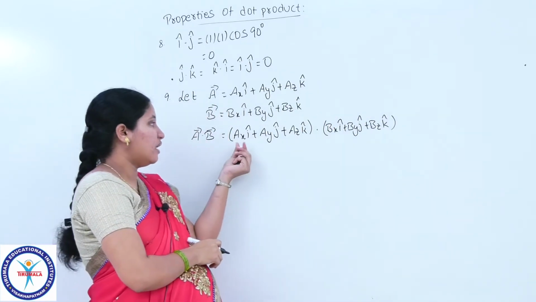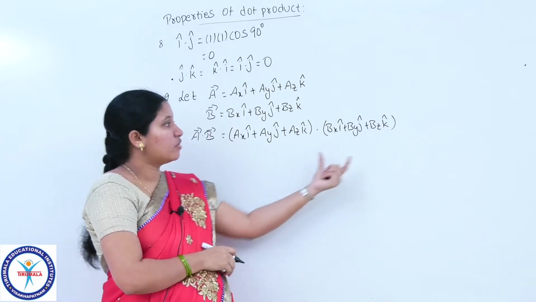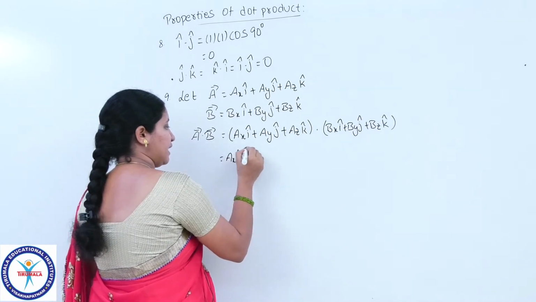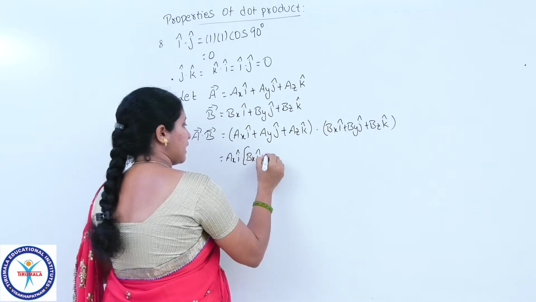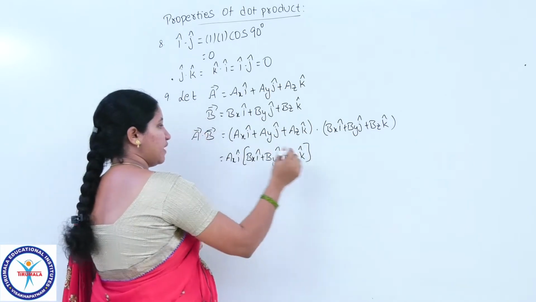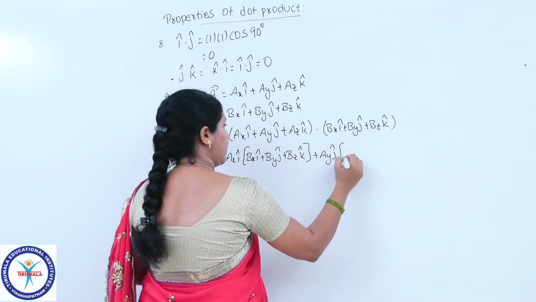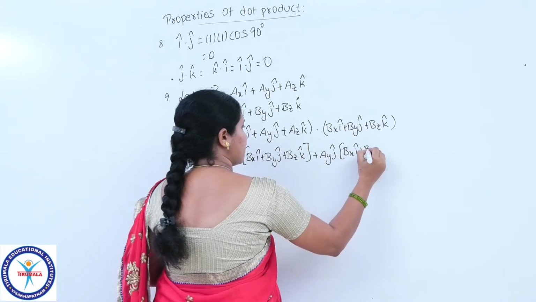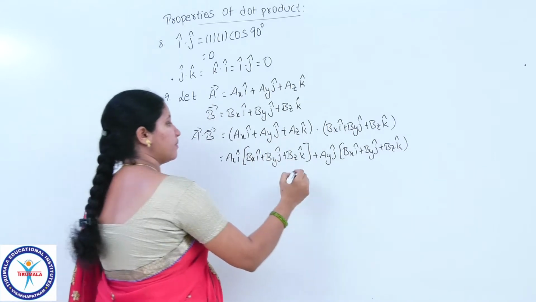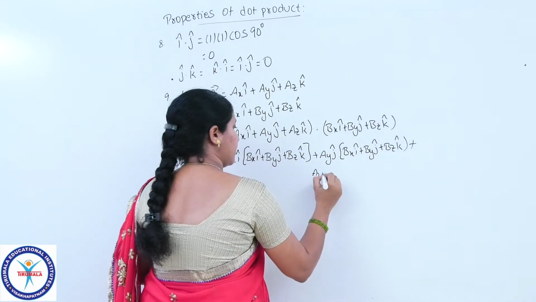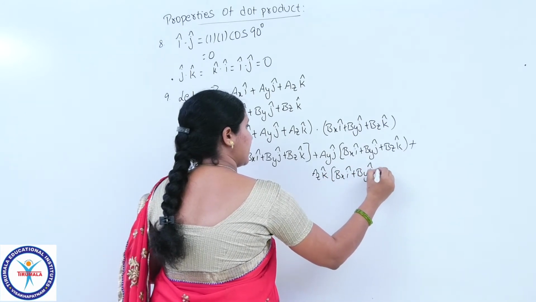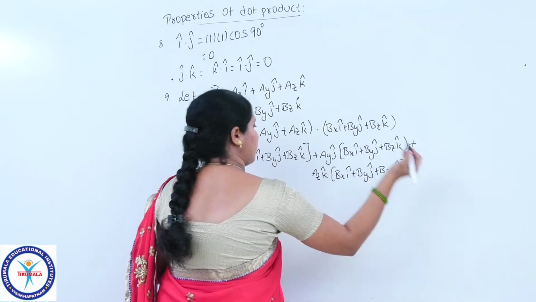Now let us distribute the terms. We can write ax i cap into (bx i cap plus by j cap plus bz k cap) plus ay j cap into (bx i cap plus by j cap plus bz k cap) plus az k cap into (bx i cap plus by j cap plus bz k cap).